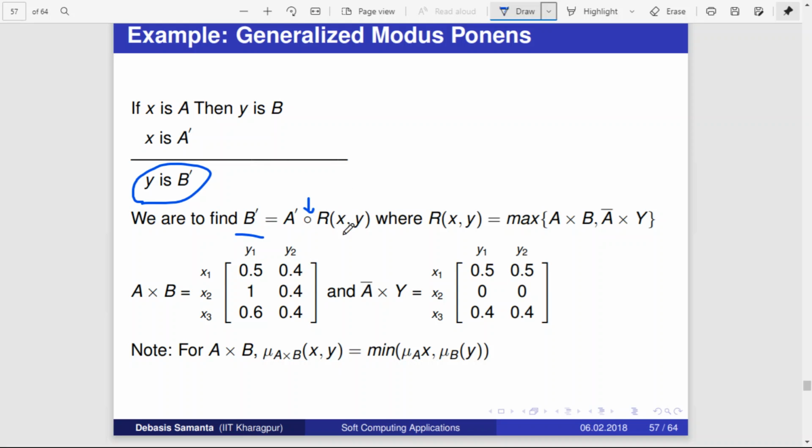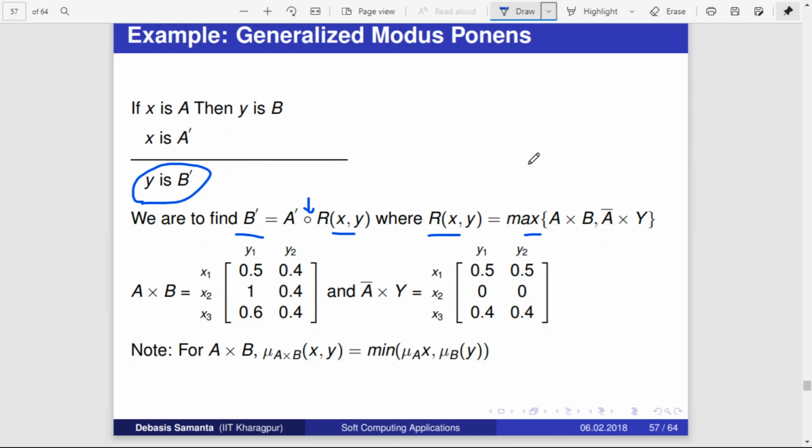the relation, but the relation we have not yet calculated. So how to calculate the relation? To calculate the relation, we are going to use Zadeh's max-min rule, which is given like this: max of A cross B, A dash.